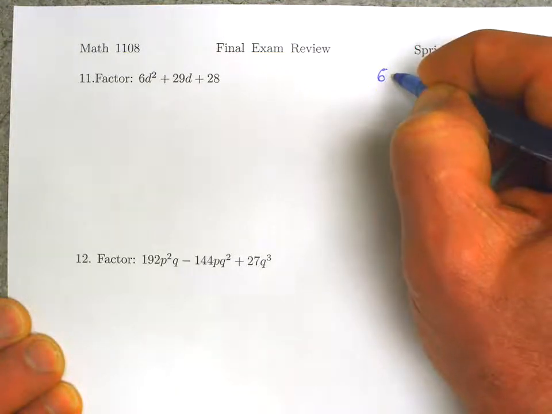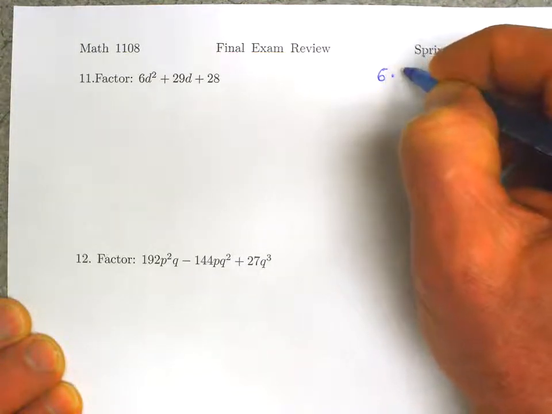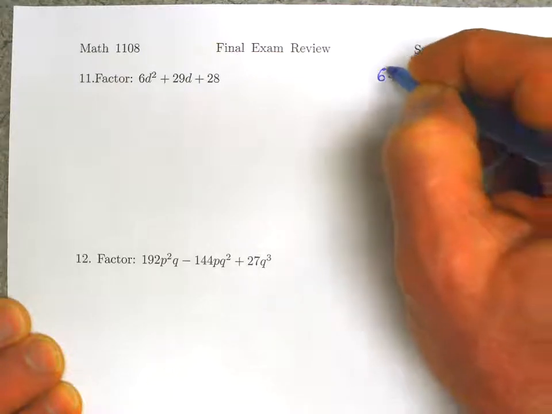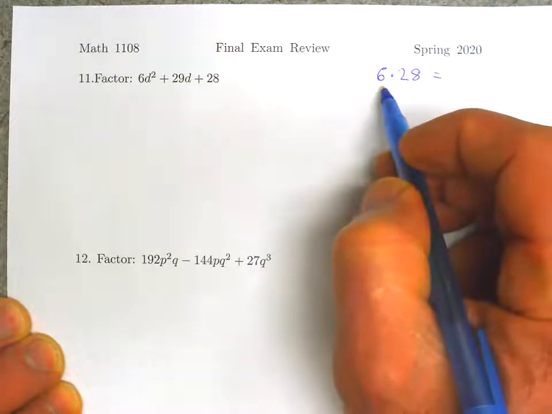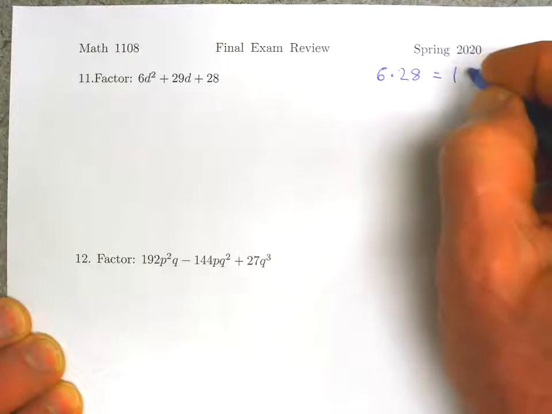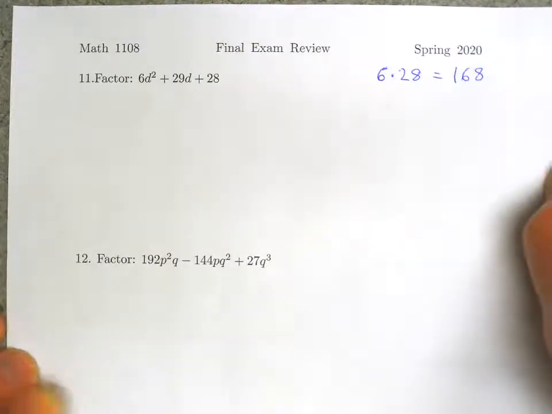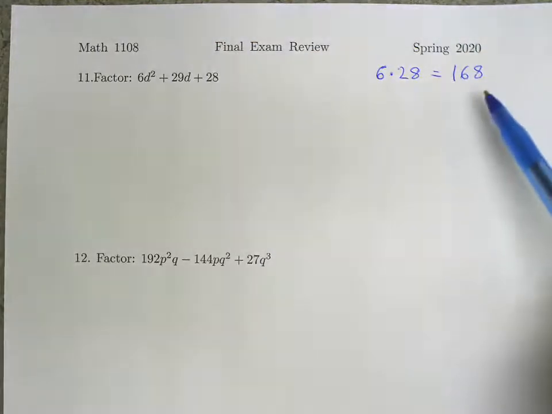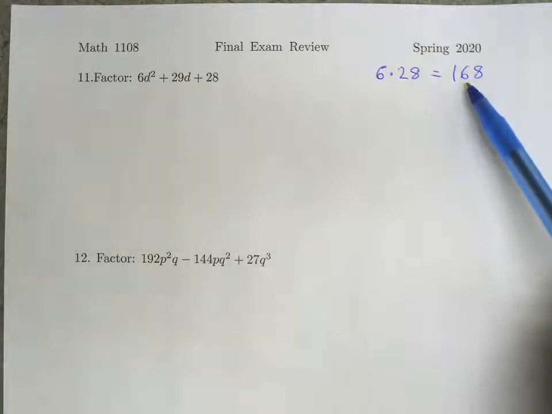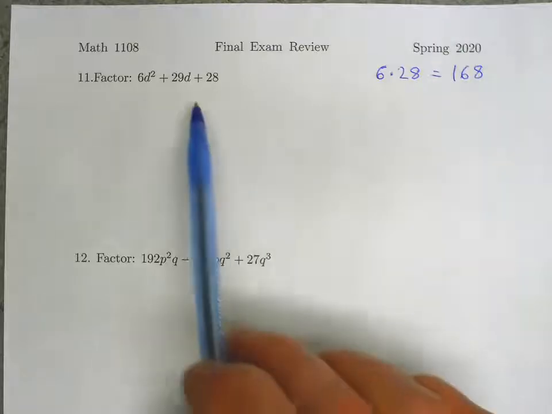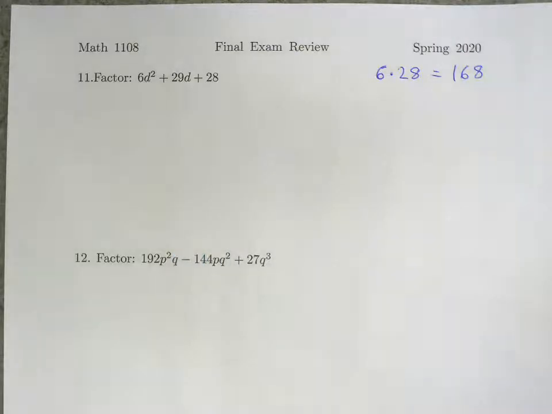So the first step in the AC method, multiply 6 times 28. So that's 168. And we want to see if we can find two integers that have a product of 168 and a sum of 29.